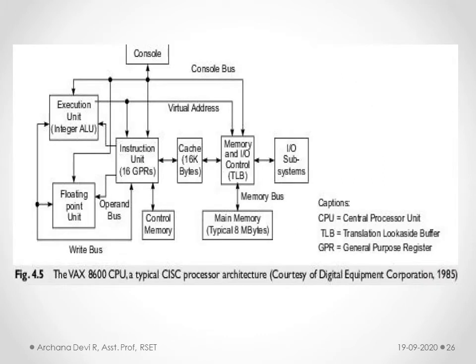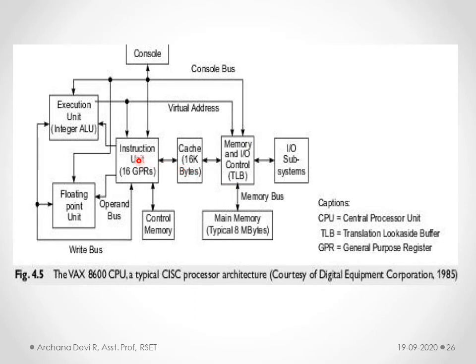This is an architecture diagram for the VAX 8600. Here we can see there is an execution unit, then a floating point unit. This is the instruction unit which fetches the instructions from memory. When it fetches the instruction from memory, the fast TLB is used, from which it goes to cache.